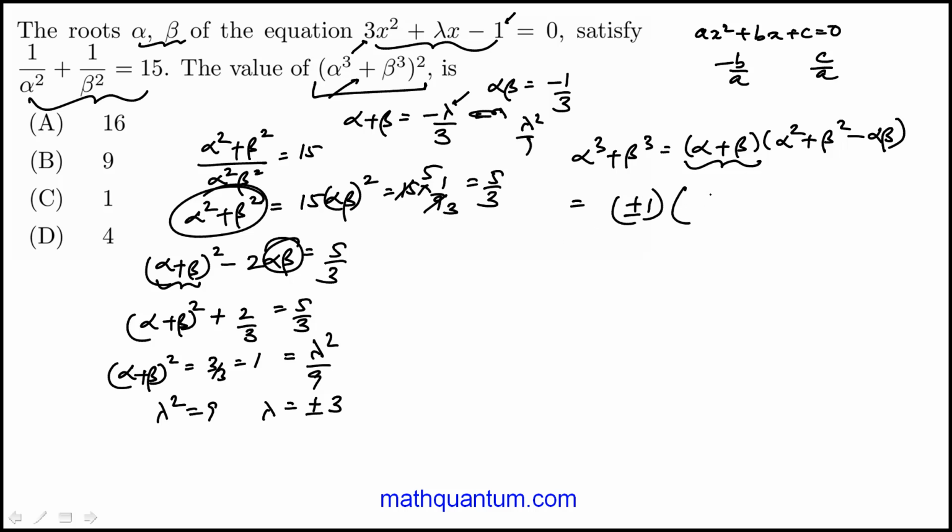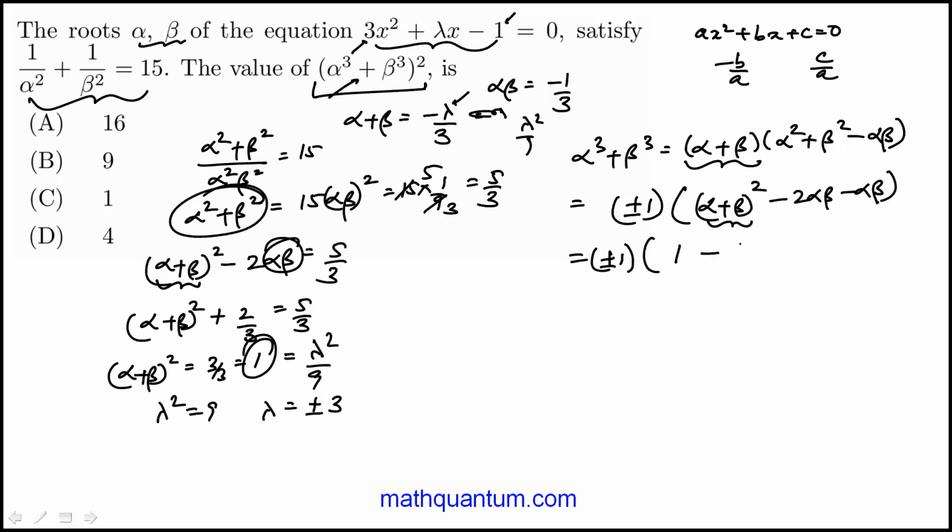And then this would be alpha plus beta squared minus 2 alpha beta minus alpha beta, and we have those values already. Alpha plus beta squared is 1.